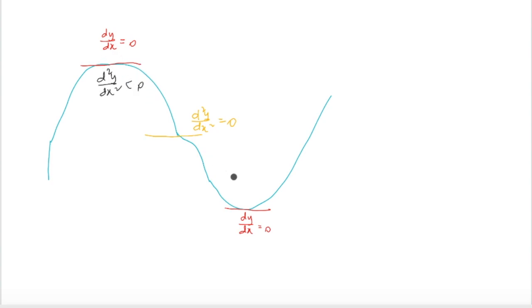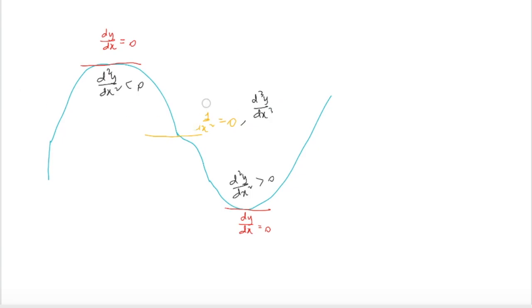Remember like this. d2y/dx2 going up, positive, is minimum.